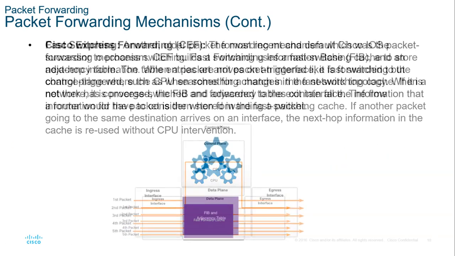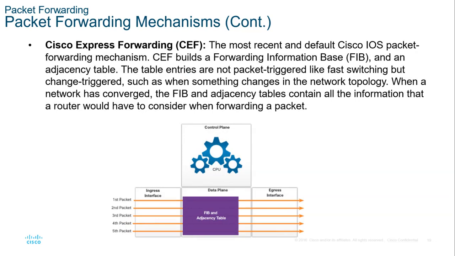Lastly, we have Cisco Express Forwarding, the most recent and the default Cisco IOS packet forwarding mechanism. It builds a forwarding information base (FIB) and an adjacency table.